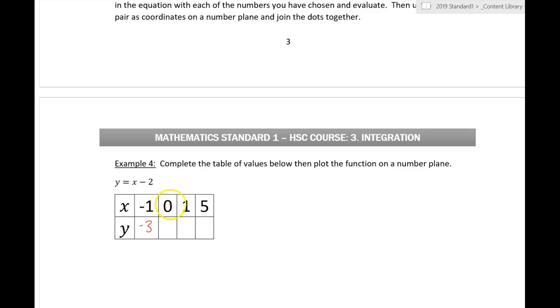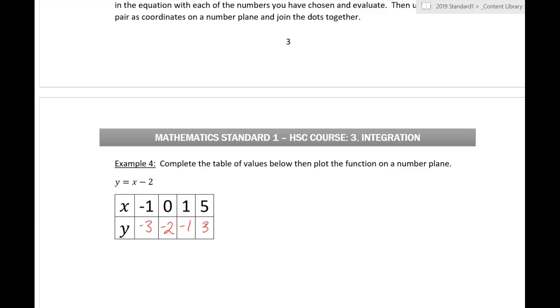If x is 0, y equals 0 minus 2, so y equals negative 2. If x is 1, y equals 1 minus 2, which is negative 1. And just be careful, we've had 3 in a row here. There's a bit of a jump here to the 5. 5 minus 2 is 3.